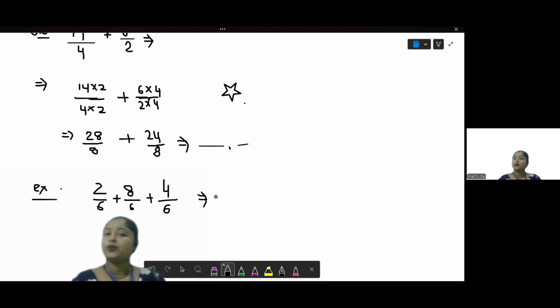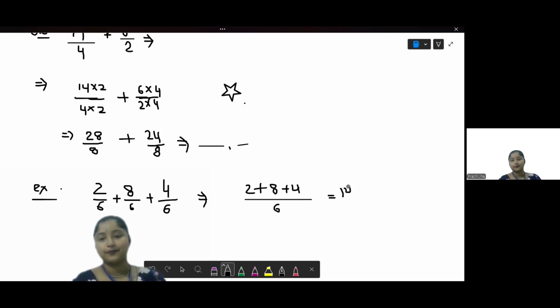So easy. You just need to write the denominator as 6 for every number, and then add 2, 8, and 4. That makes it 14. So your final answer is going to be 14 over 6. Yeah, that's correct.